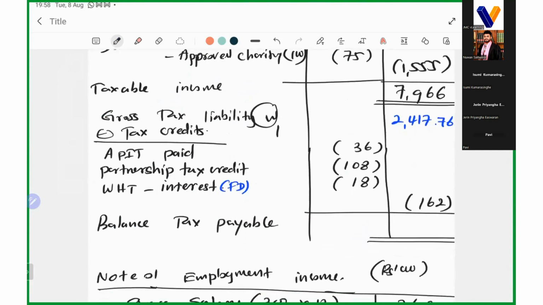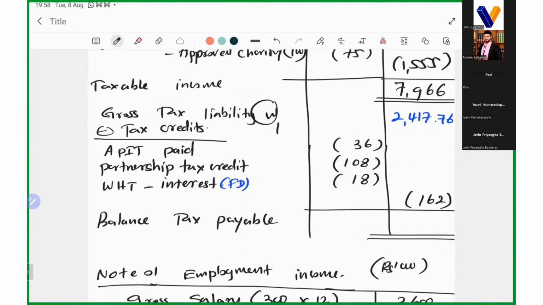Yes or no? Yes, sir. Then your balance tax should be 2,255.76. So this should be the answer. Then you will receive 25 marks for this type of question.